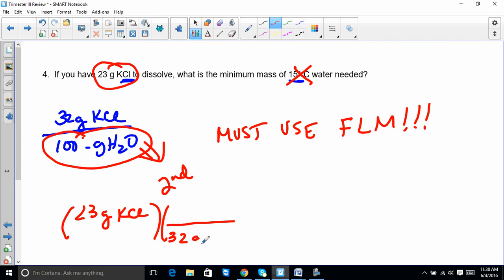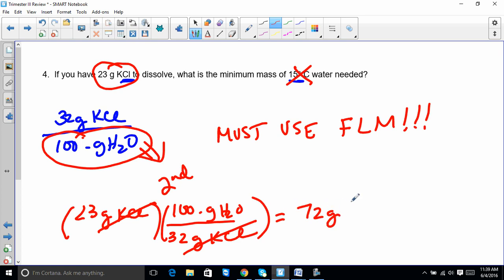So the 32 grams of KCl goes down. The 100 grams of water goes up. Grams cancels with grams. If you do this on your calculator and round to 2 sig figs, you get 72 grams of water. You get something like 71.6666. I don't remember exactly, but you have to keep track of sig figs.